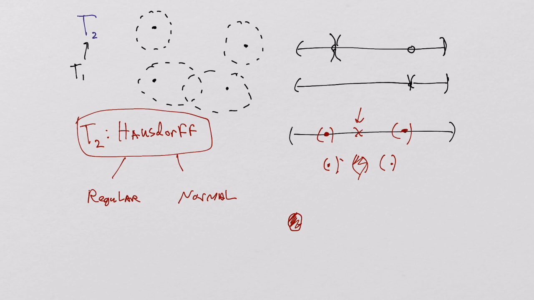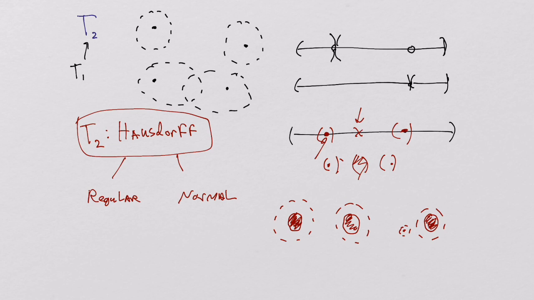You're replacing points with closed sets, and you're finding open sets that can separate closed sets from one another. If you can do that, or if you have a closed set and a point, can you at least separate a point from a closed set using disjoint open sets? Has to be disjoint open sets because that's what makes a space Hausdorff.